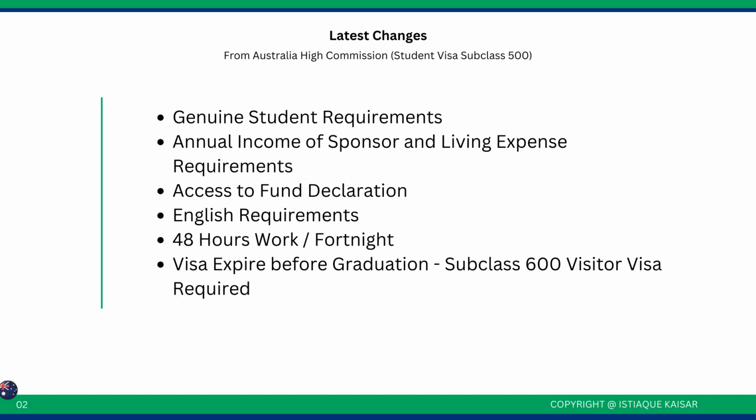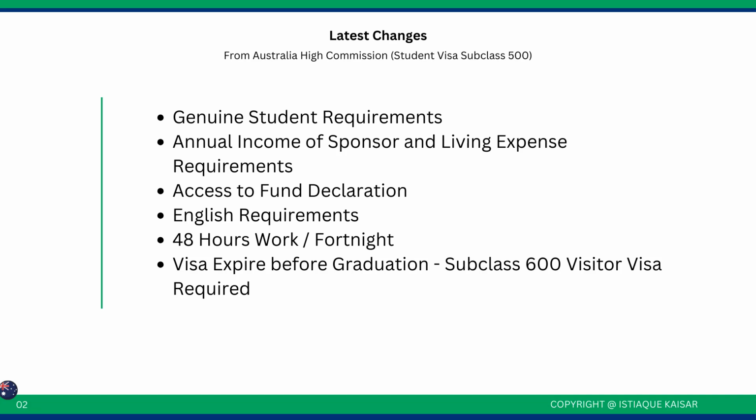Then access to fund declaration. There is a question: who is your sponsor? For example, if it is your father and you are showing your father's account as the fund, then there is a question, how can you prove that you have access to the fund? So there is a declaration, I believe, that my recruiters follow based on our manual, since I'm working for the Adventist.